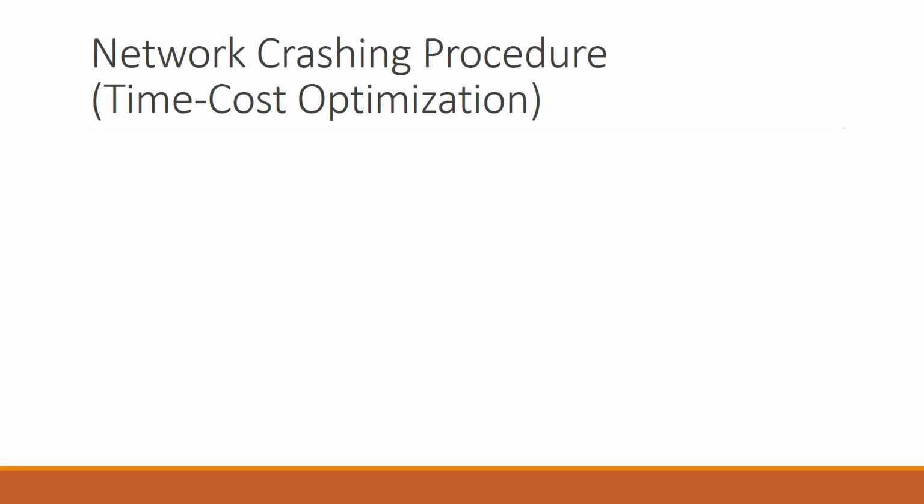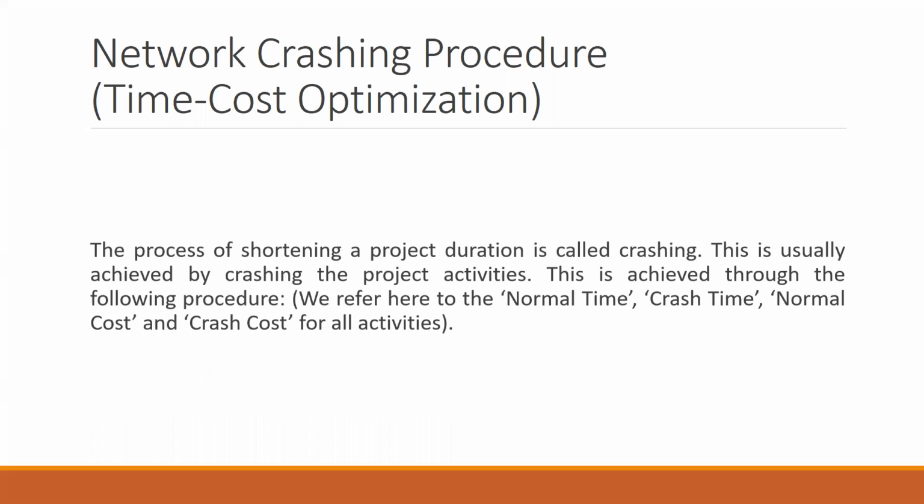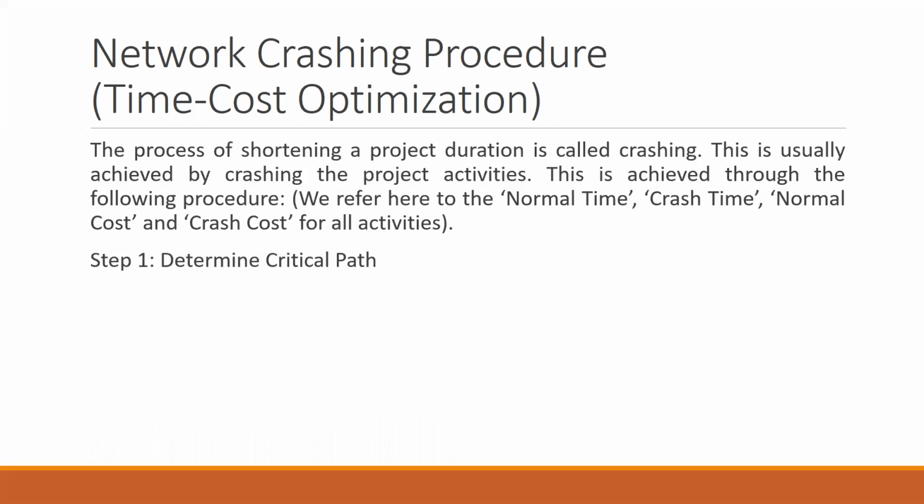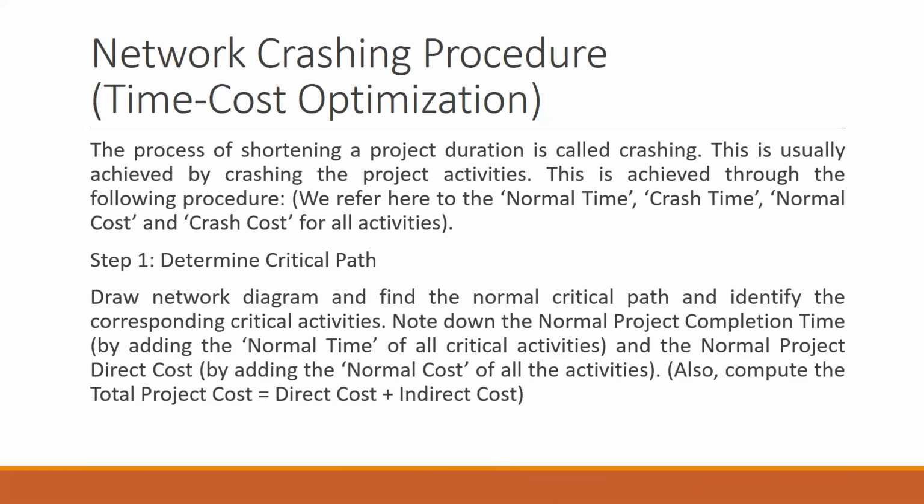The first step, as we already have learned how to draw a network diagram, would be to draw a network diagram and find the critical path. Now you already know the method of finding the critical path. There are two ways. Either you can make use of the values of E's and L's and check if they are the same, then those nodes fall on the critical path.